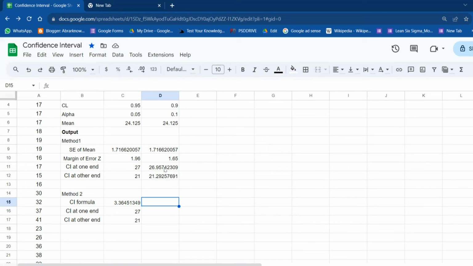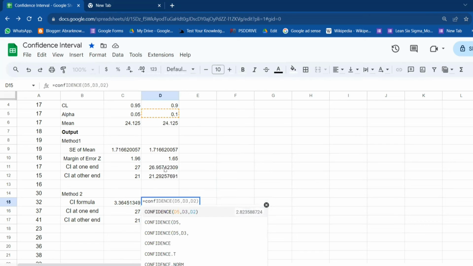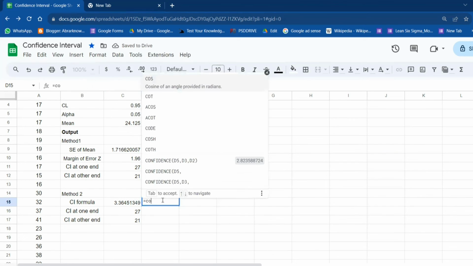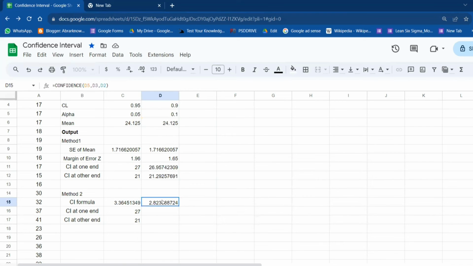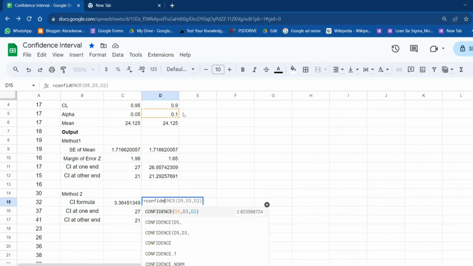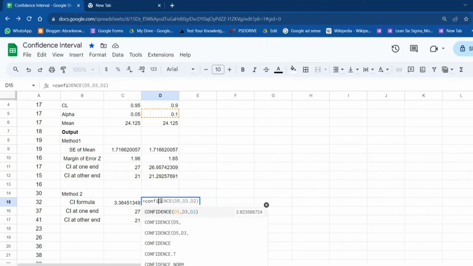How should we do it? We can just put confidence, equal to confidence.